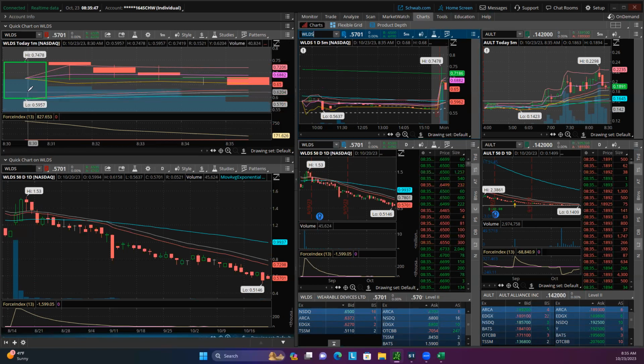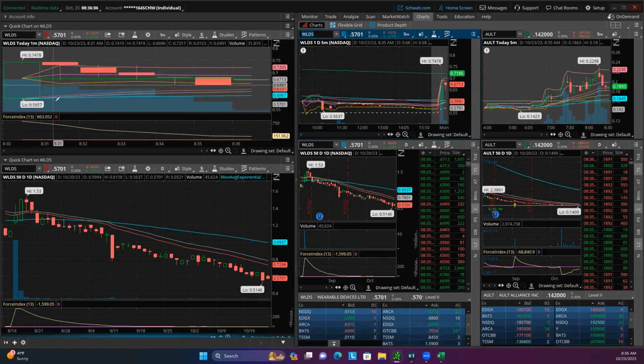Hotkeys are like you can tell it to use a certain percentage of your account and to enter on the ask by pressing maybe shift B, or control shift B. Maybe that's the button sequence, and then it would instantly buy on the ask price using a certain percentage of your account.